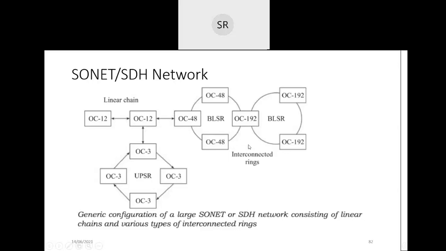So that's why each of the individual rings has its own failure recovery mechanism as well as its own management process. Suppose some ring fails here, so what happens?